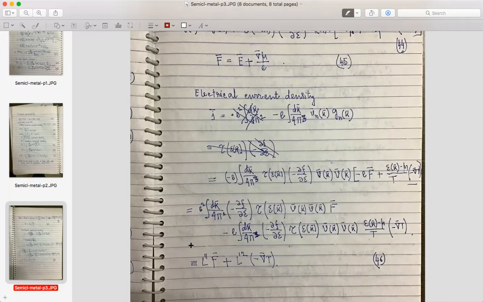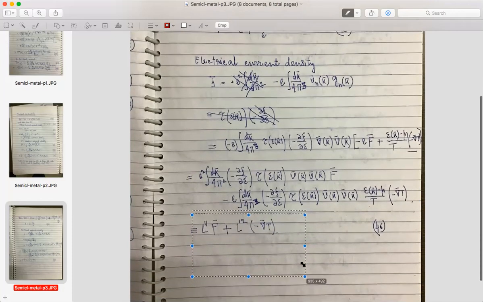This thing conventionally is written like this. Everything that multiplies F is written as L11, and everything that multiplies minus grad T, the temperature gradient, is written as L12. So you just write that. That's it.